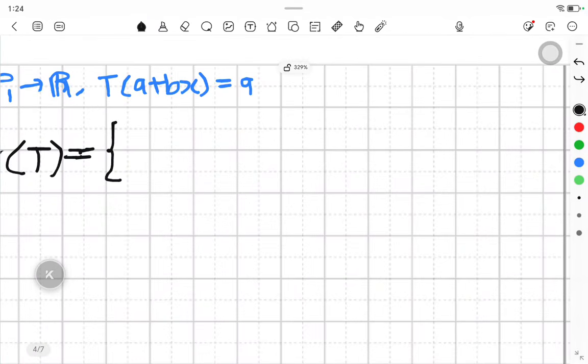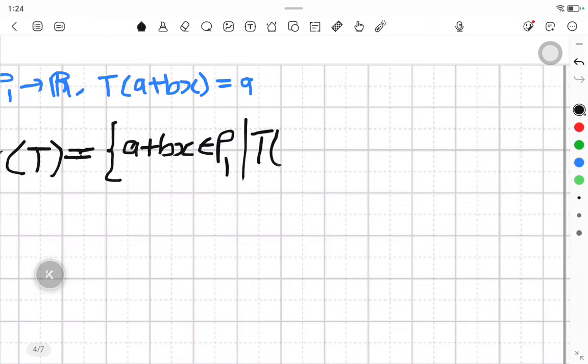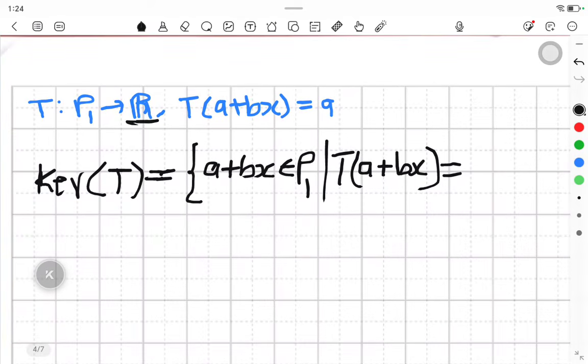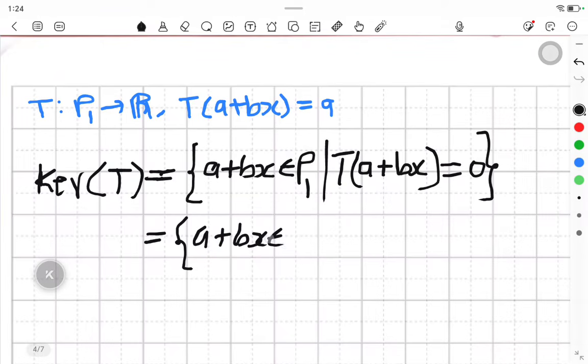So we let A plus BX be an element of P1 such that T of A plus BX is equal to 0, but on the other side it's only one space, so we just say equals to 0. Then we continue to solve. A plus BX an element of P1 such that this is A, which is equal to 0. We have solved this already.